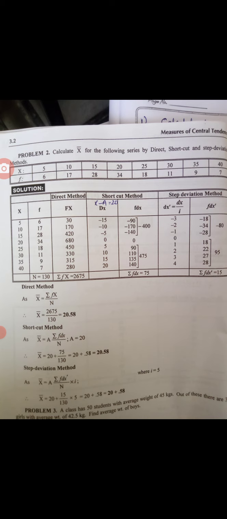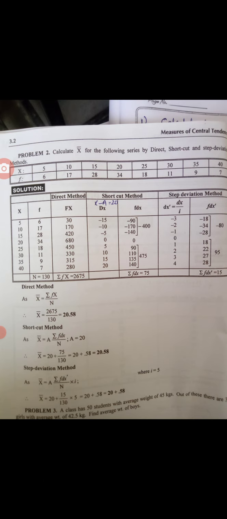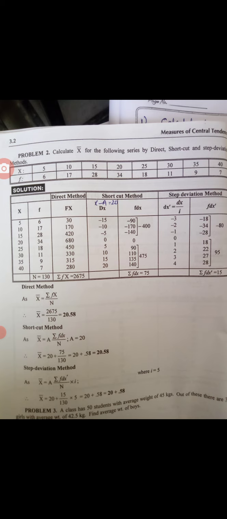So you have to add all the values, that is total of f dx is 75, and apply the formula. The shortcut method formula is a plus summation fd by n. A is nothing but the assumed value. We have taken 20 as assumed mean, 20 plus f dx total is 75 divided by 130. So you simplify this, you will get 20.58.